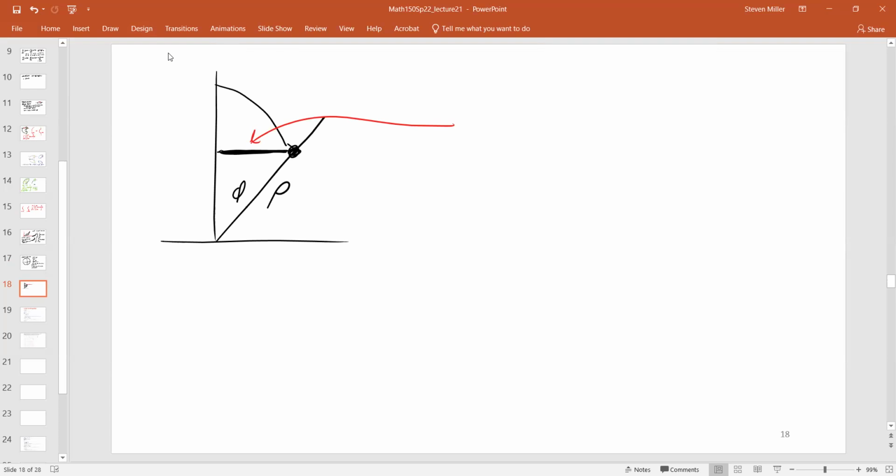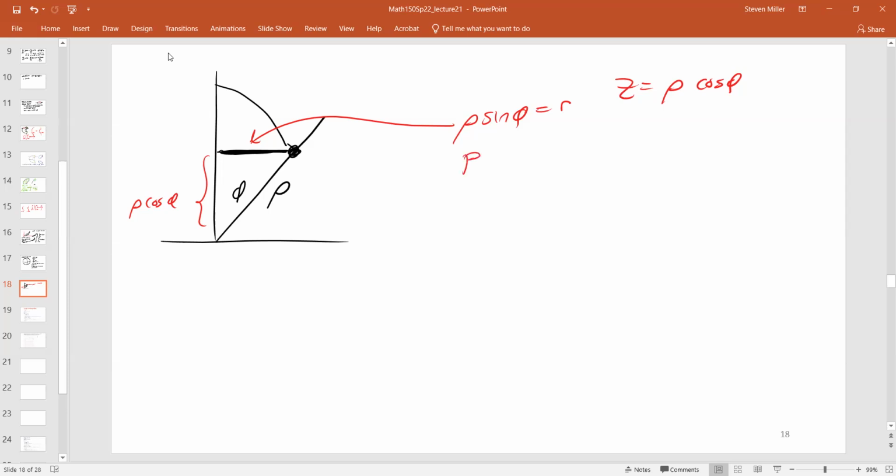This is just going to be rho sine phi. And over here, this is rho cosine phi. So we would get z is rho cosine phi. We let rho sine phi be r. And now that gives us polar coordinates in a circle of radius r above the xy plane.